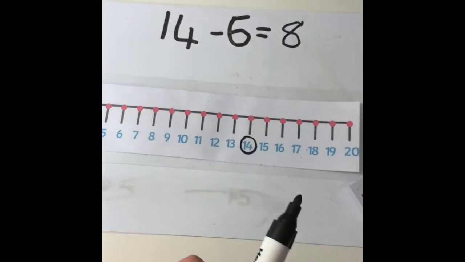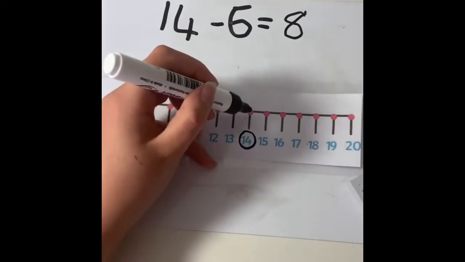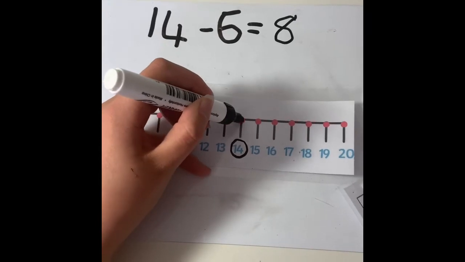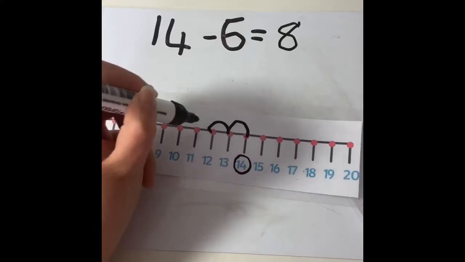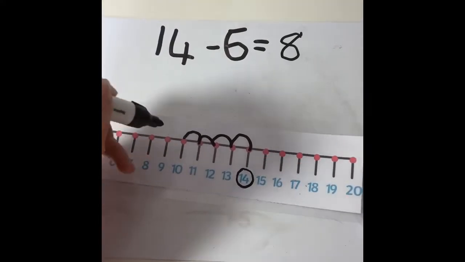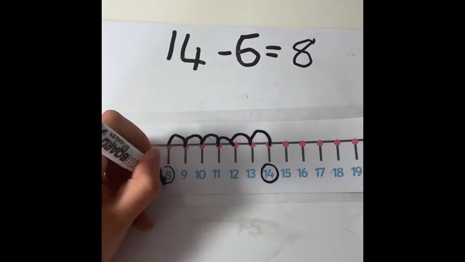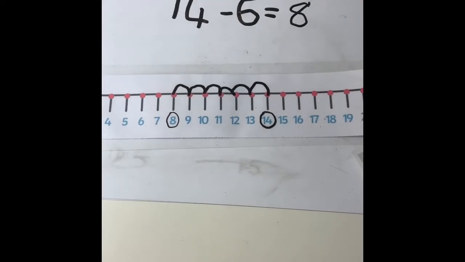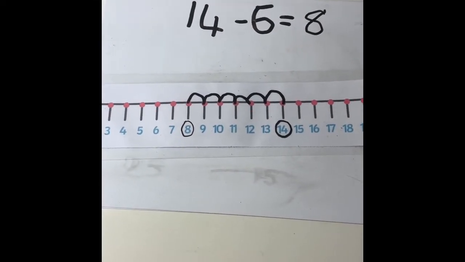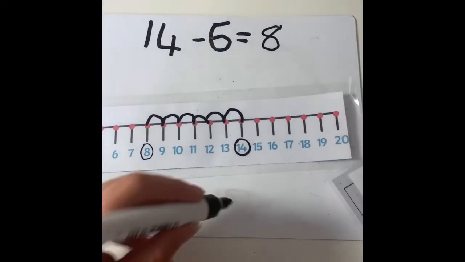Jump back how many? 6, because I'm taking away, I'm subtracting it. 1, 2, 3, 4, 5, 6. Circle the number you land on. What is my answer? Okay, so I have 8.